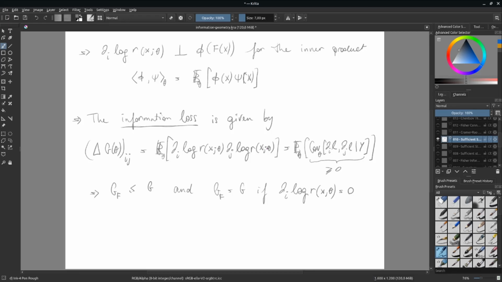So it's the expectation of a conditioned covariance matrix, and the covariance matrix is always positive definite. So this thing here is positive definite, and so we have this inequality. And of course, if r does not depend on theta, then these derivatives are all 0, and so the equality is reached. So all that tells us is that if you have a sufficient statistic, really you don't lose any information by only looking at that.